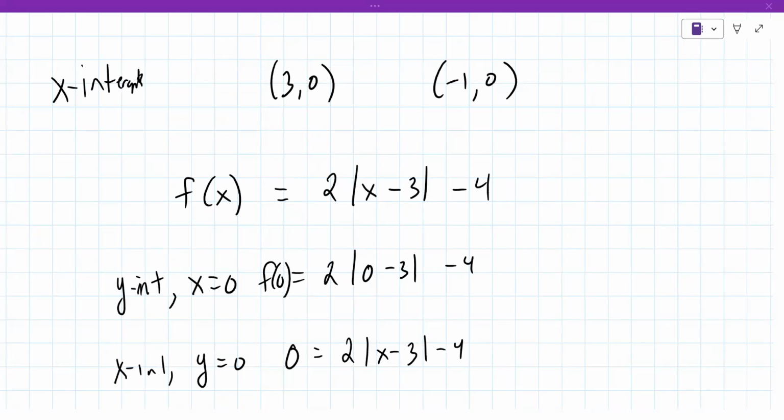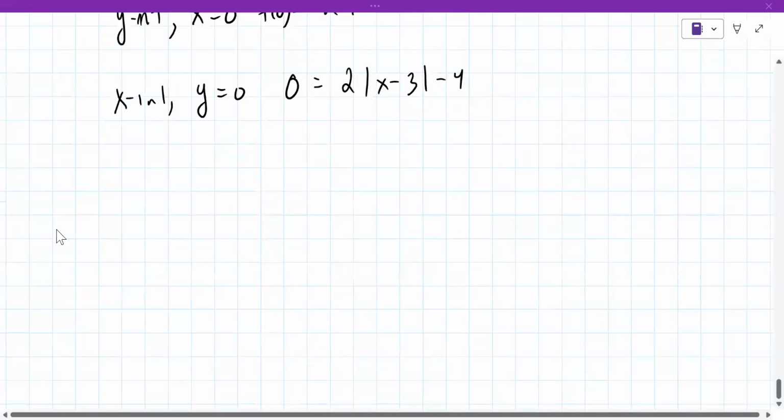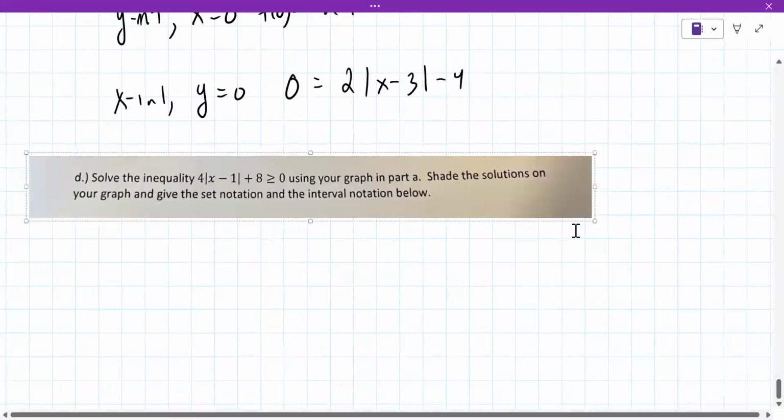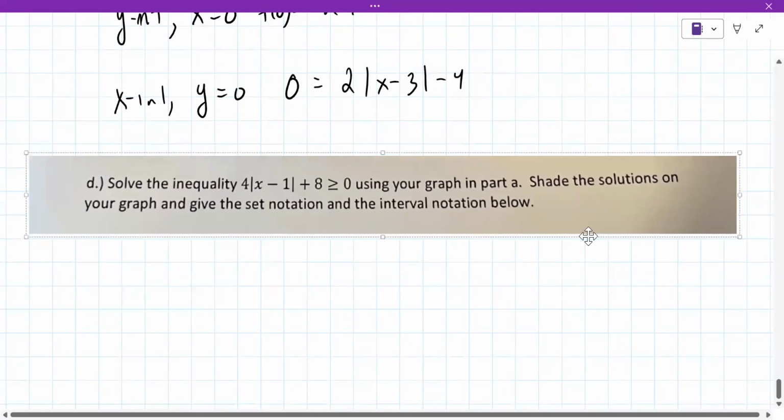Why did they change it up on us? So your instructor, that's got to be a typo. You'll notice in D, it's a different function. It's +8 instead of -8. Yes.